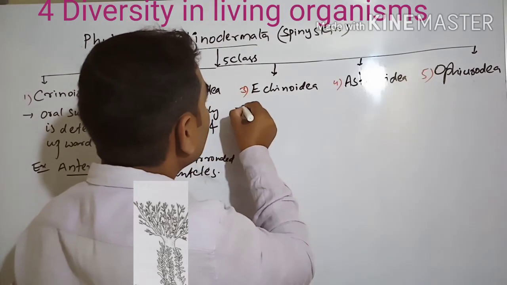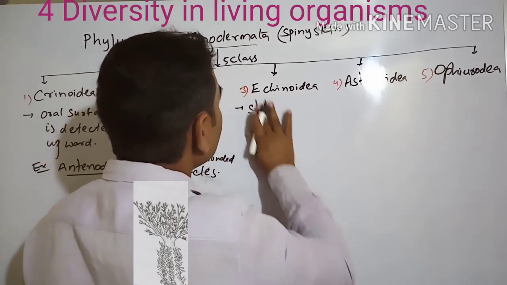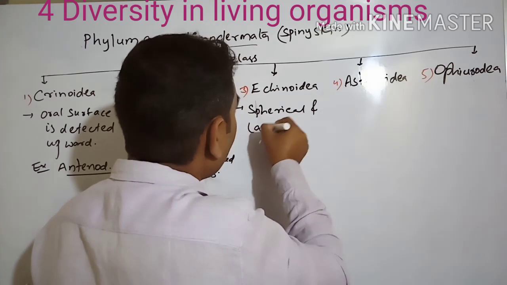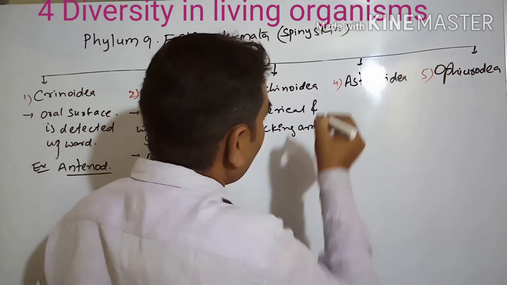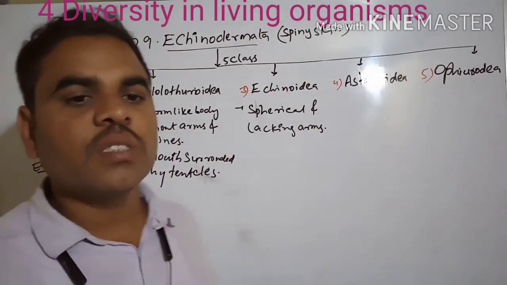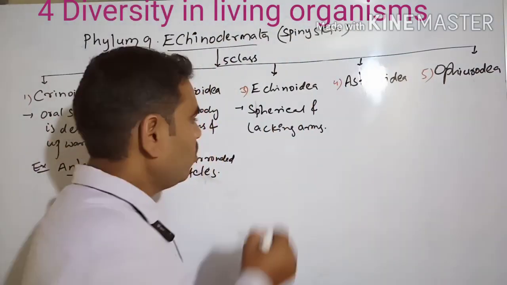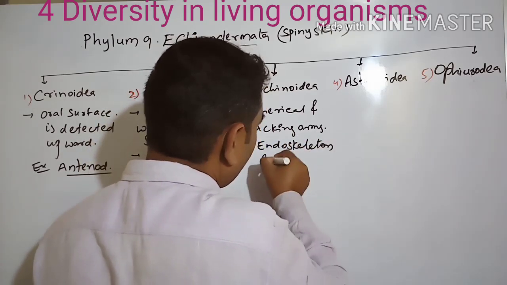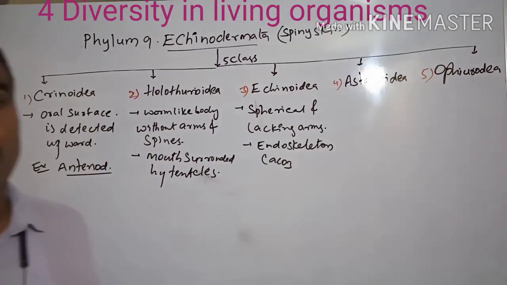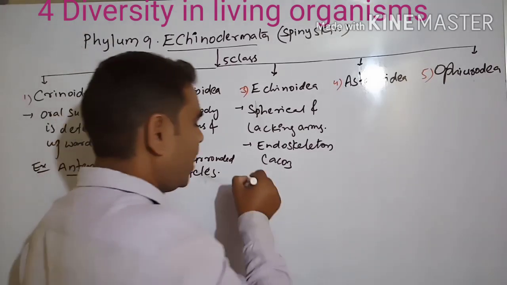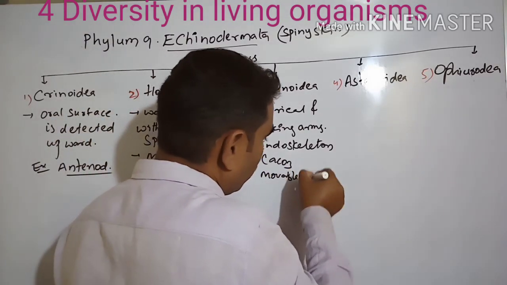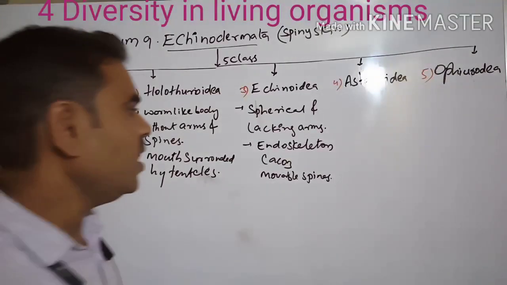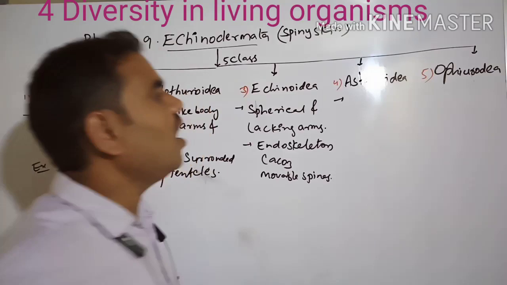It has an endoskeleton made from calcium carbonate, and movable spines are also present. The best example is the sea urchin.